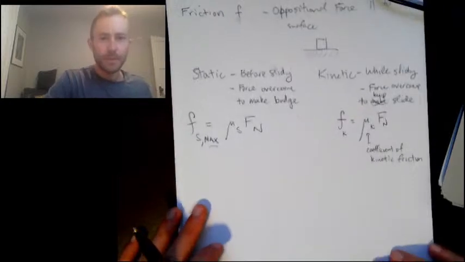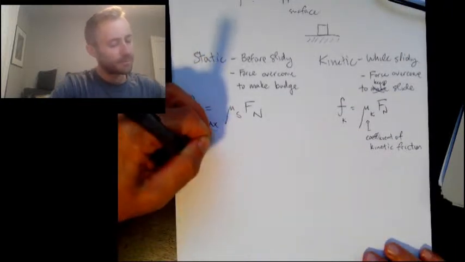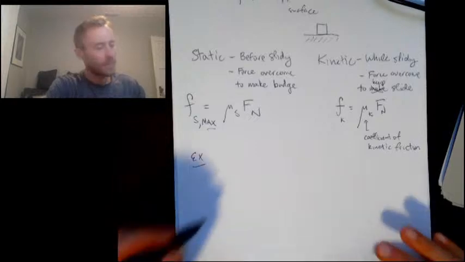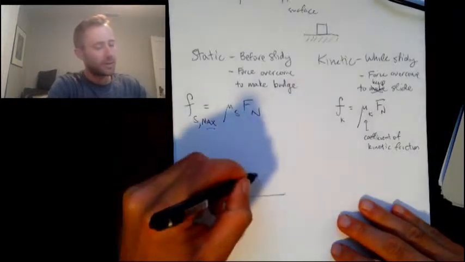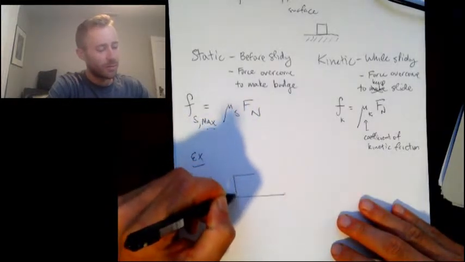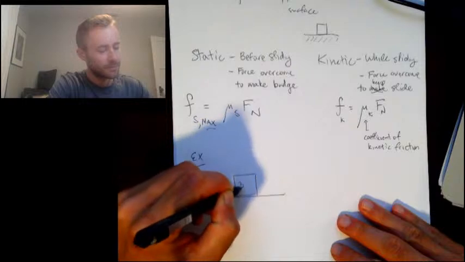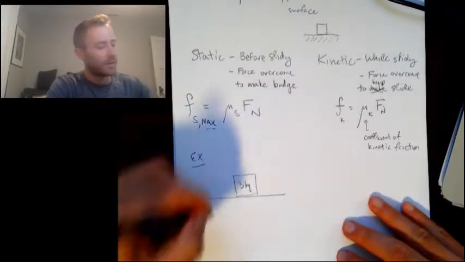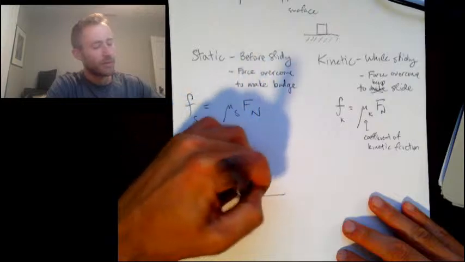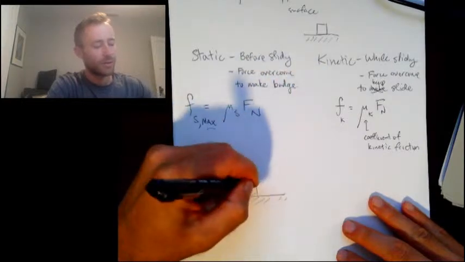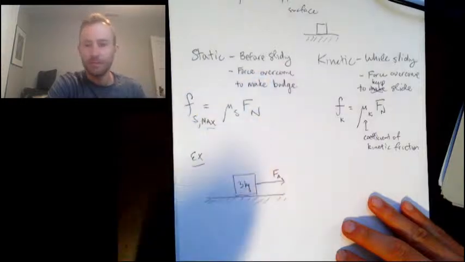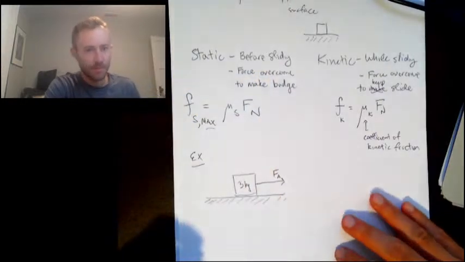So let's do an example. What if we have, again, let's go to this 3 kilogram box. Okay, and the 3 kilogram box is going to have an applied force pulling it to the right.